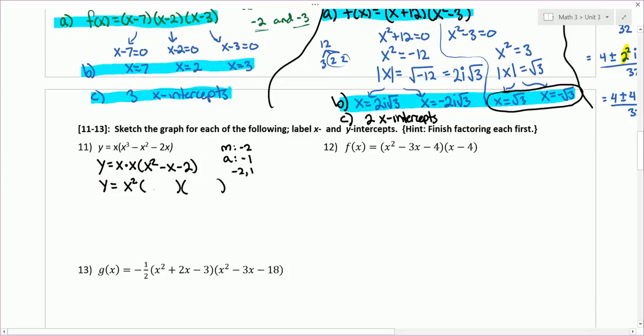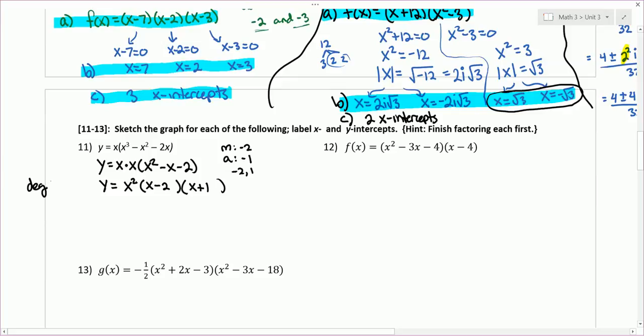Because the leading coefficient is 1, we can take a shortcut and just write our answer directly, x minus 2 times x plus 1. So now it's completely factored. So in sketching our graph, there's a few things that we need to pay attention to. First of all, what's the degree of this function?